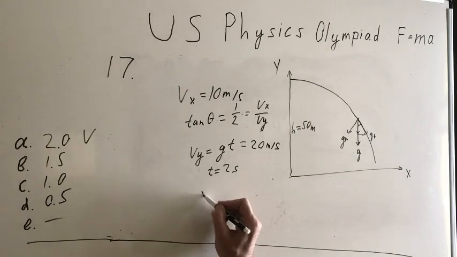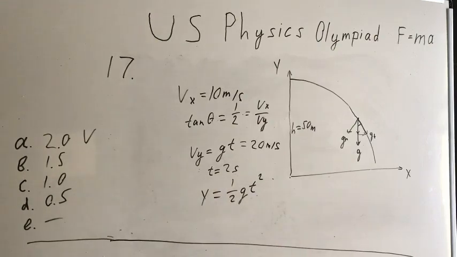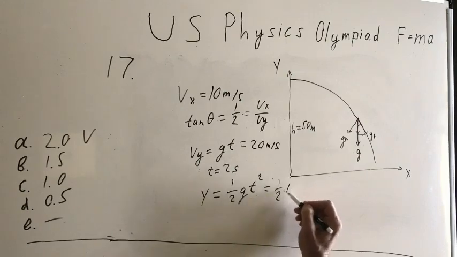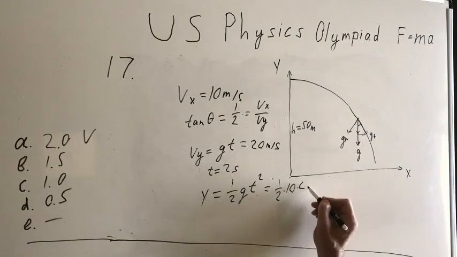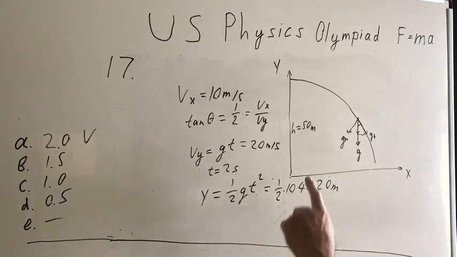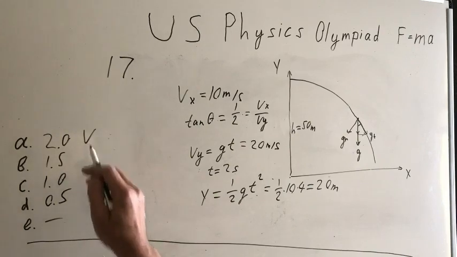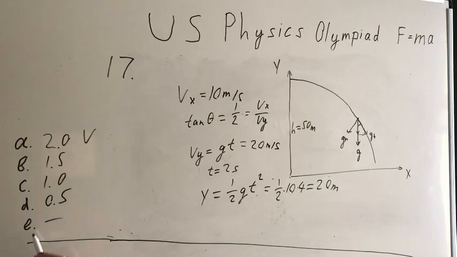We can find that y equals 1/2 gt squared, which is 1/2 times 10 times 2 squared, which is 20 meters, which is good enough for a 50 meters high building. If we look at the answers, we have 2 seconds, and the building is high enough for this to occur. So the correct answer is 2 seconds.